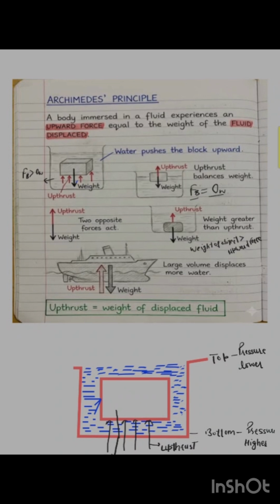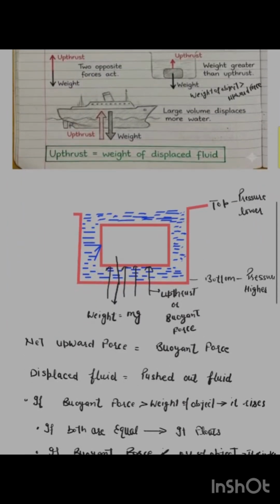First, remember one important fact about fluid, that pressure in a fluid increases with the depth. Okay, so as we go deep down in the water, the pressure will become higher at the bottom of the water, but at the top of the water, pressure is lower in comparison to the bottom.